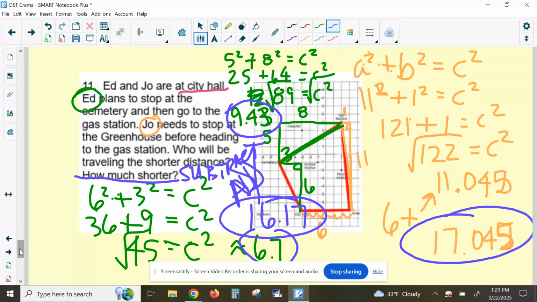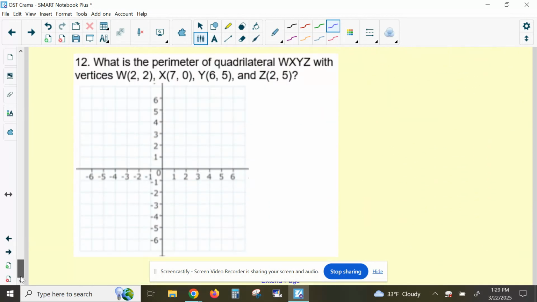And the last one you're going to do here, it says what's the perimeter of quadrilateral with these vertices? Now what you're going to have to do is put all of these vertices on your graph. So your first step is going to be to graph it, right?